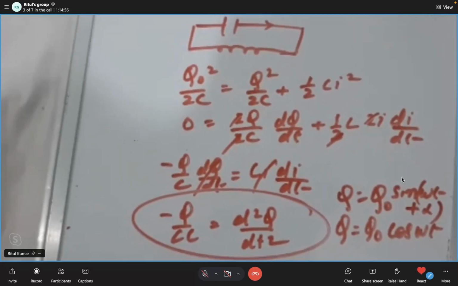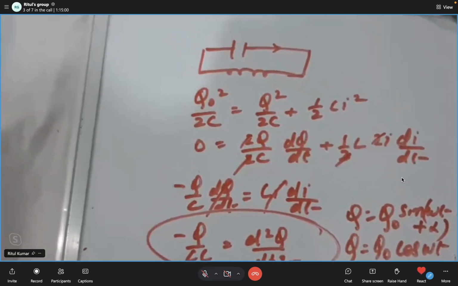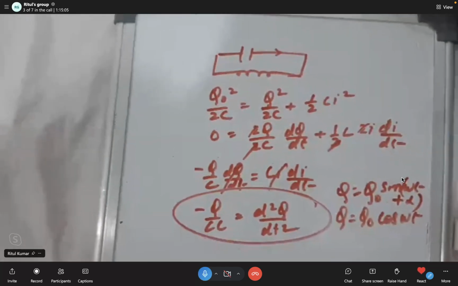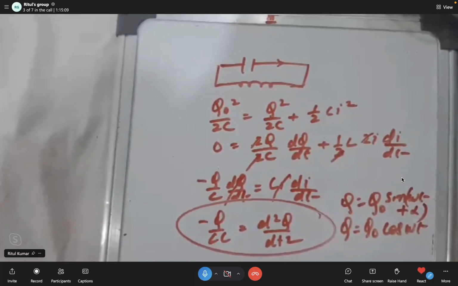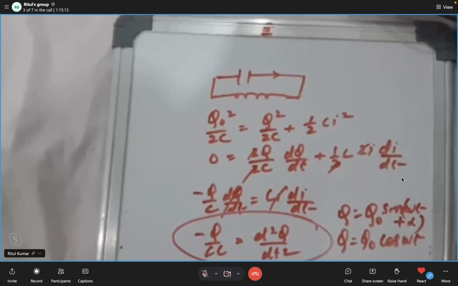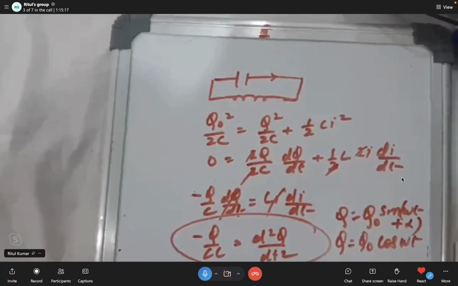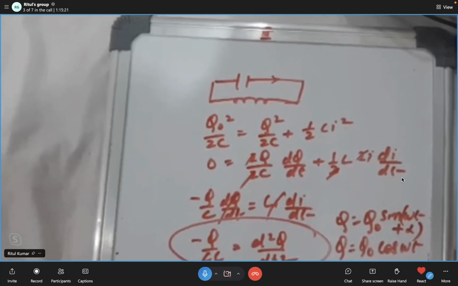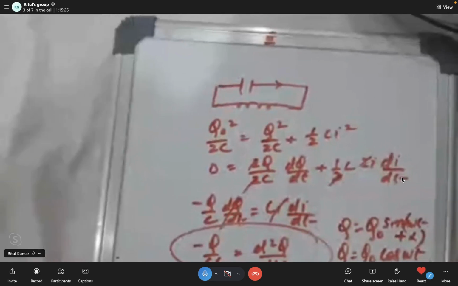So current will keep on flowing. Okay, will current change its direction ever? So current will change direction, but that will happen when charge is at its peak. Will it happen when charge is at its peak? And when charge is 0, at that time it will not. At that time, it'll have like the maximum momentum, you could say.